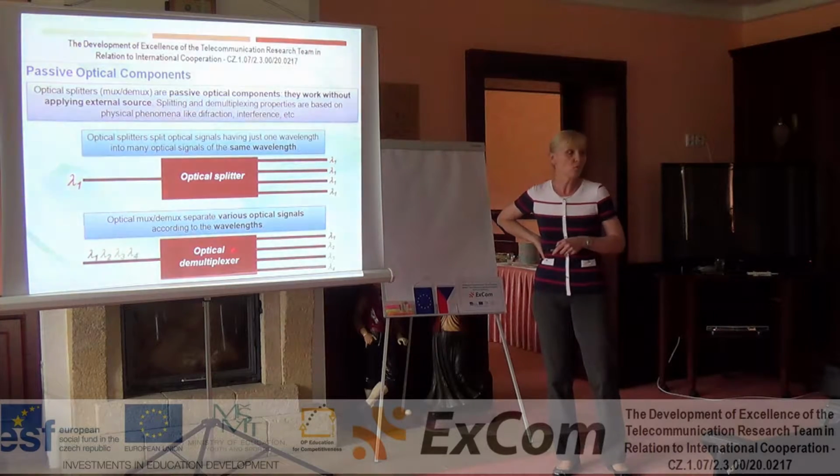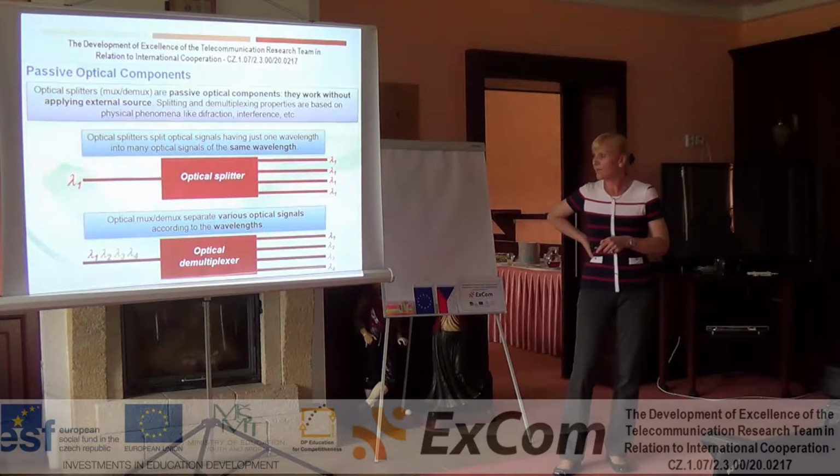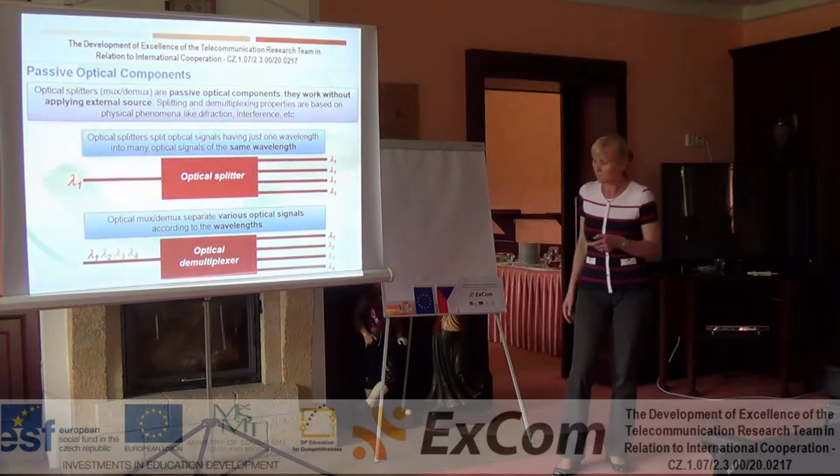Inside they are demultiplexed according to wavelength, and in each output waveguide we get a different wavelength. In the optical splitter we use just one wavelength. We couple just one wavelength into the optical splitter, and at the output waveguides we get a split signal of the same wavelength.